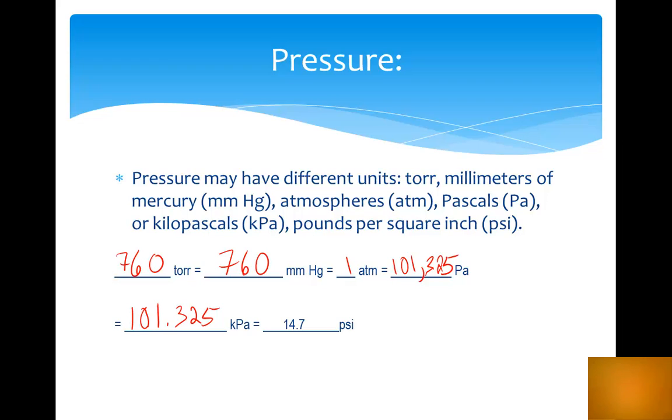And this is all equal to 14.7 psi. Now, what does this mean? This means we can make some conversions in case we need a different unit.